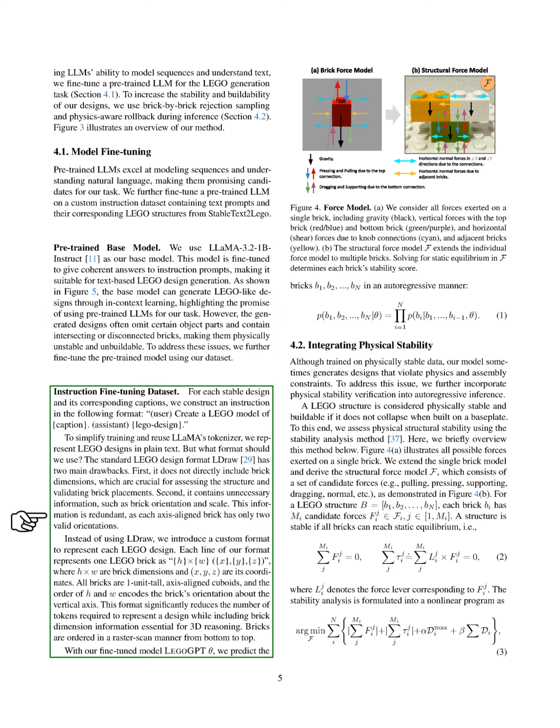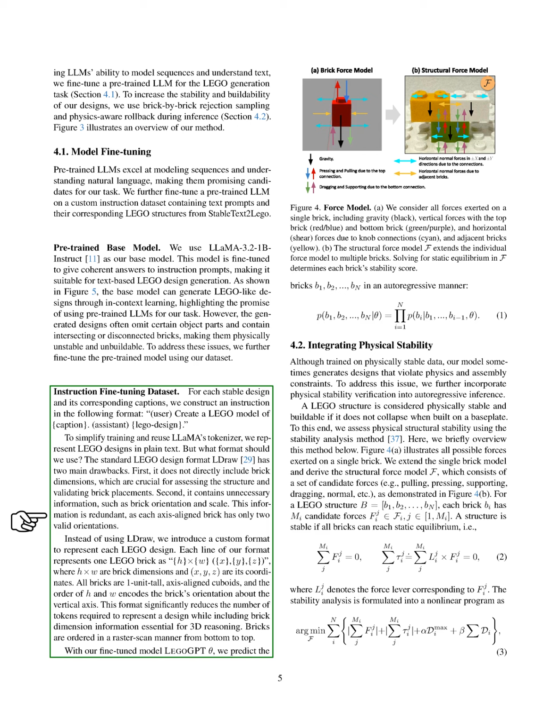In constructing our instruction fine-tuning dataset, we format each stable design and its captions as follows. User: create a LEGO model of caption. Assistant: LEGO design. To streamline training and utilize Llama's tokenizer, we represent LEGO designs in simple text.